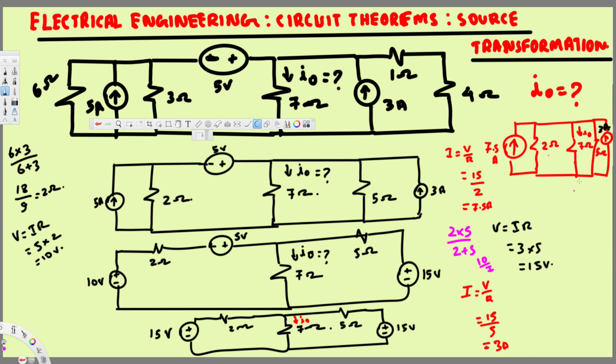We can draw our new circuit. Also I'm going to draw these currents on one side so we can see how they are going to add up, right? Also I keep this 7 ohm at the end so we don't have any problem, right? I naught.